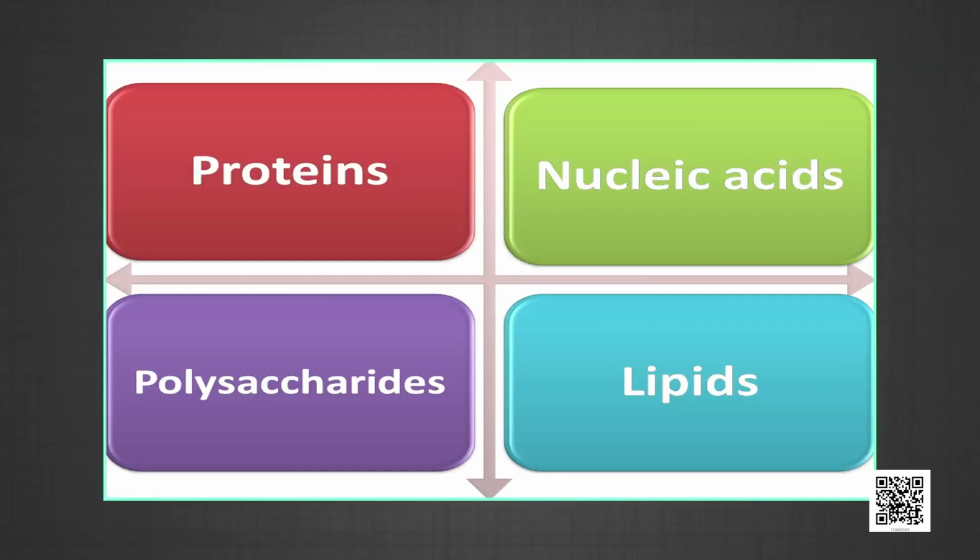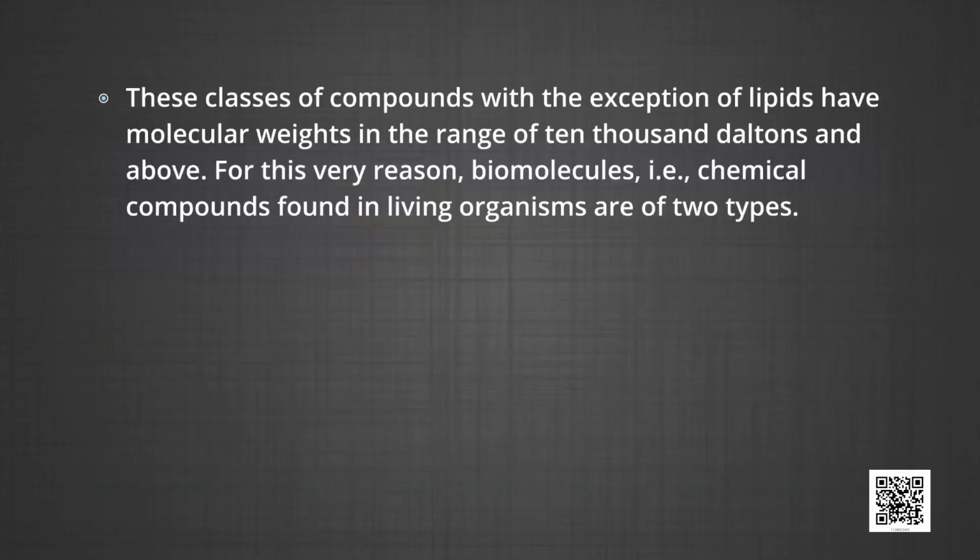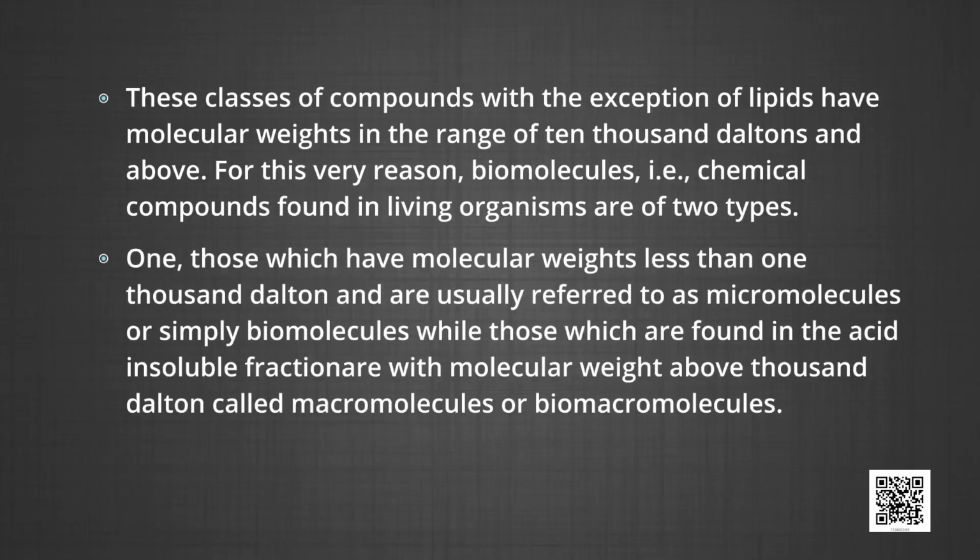four types of organic compounds, that is proteins, nucleic acids, polysaccharides and lipids. These classes of compounds, with the exception of lipids, have molecular weights in the range of 10,000 daltons and above. For this very reason, biomolecules, that is chemical compounds found in living organisms, are of two types.